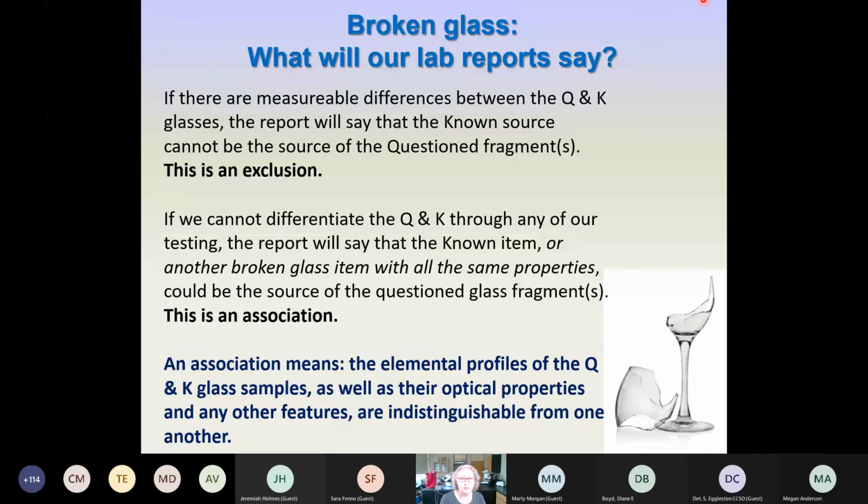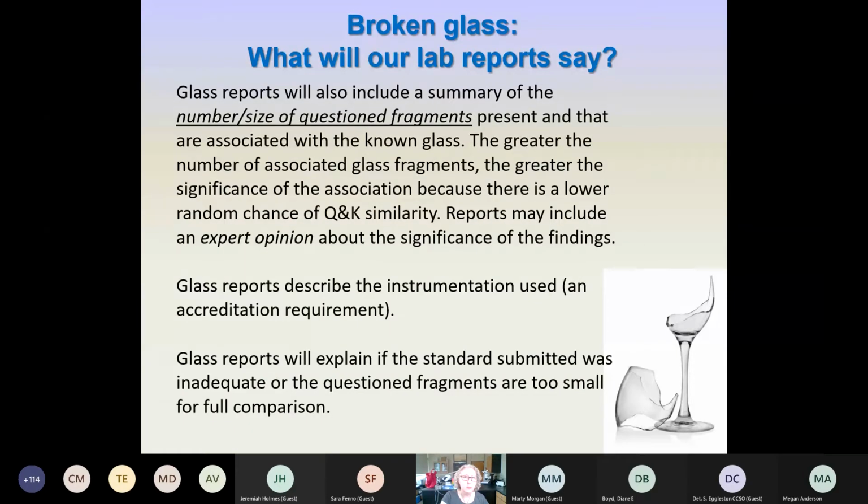An association means, for us scientifically, that the elemental profiles of the Q and the K glass samples, as well as their optical properties and any other features, are indistinguishable from one another. So all of our tests couldn't tell any difference between these samples.